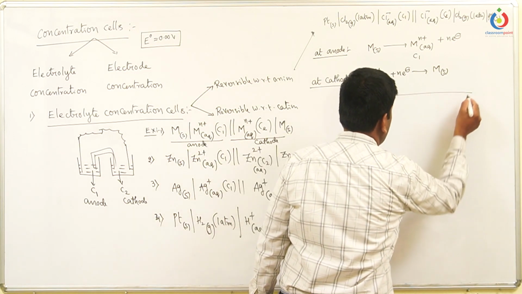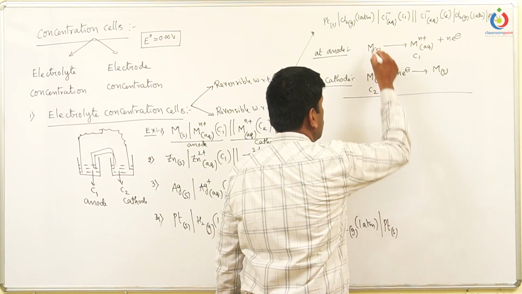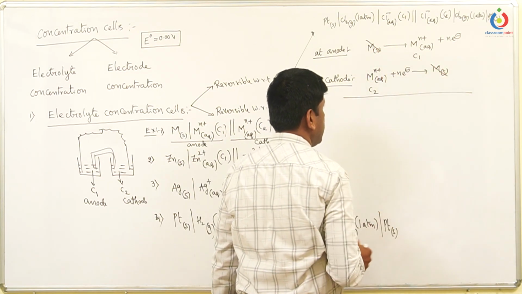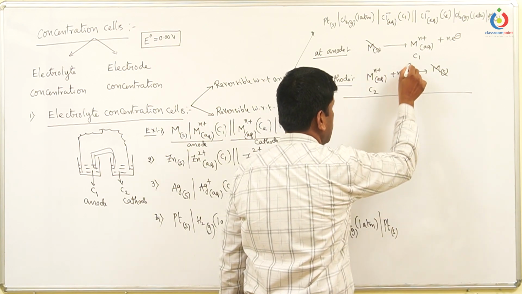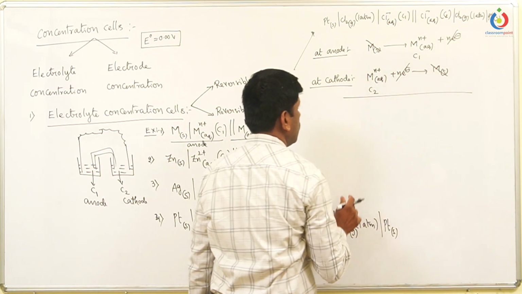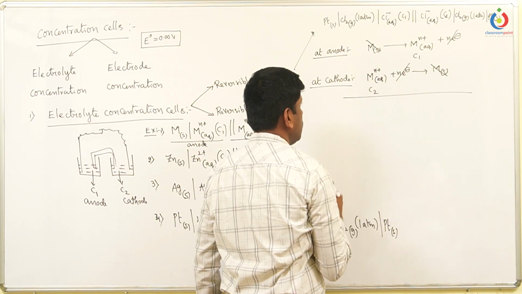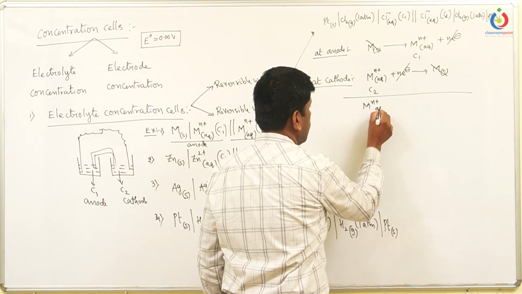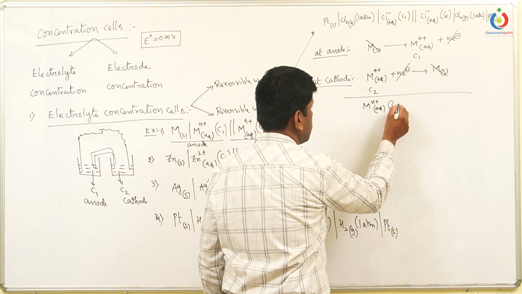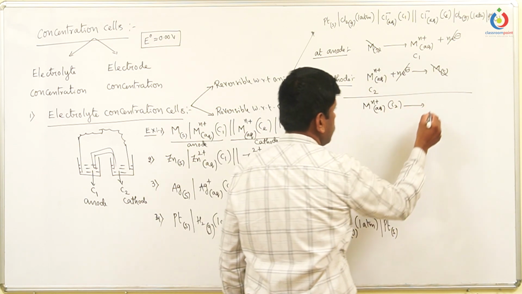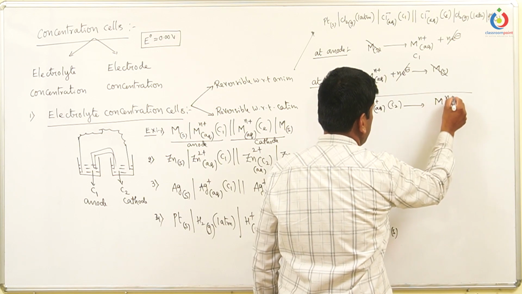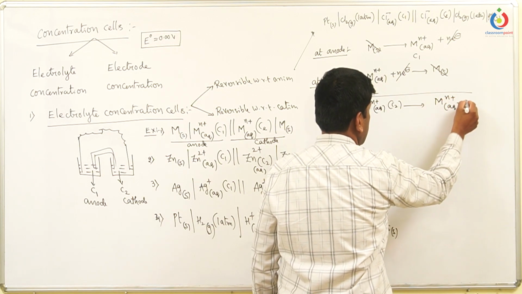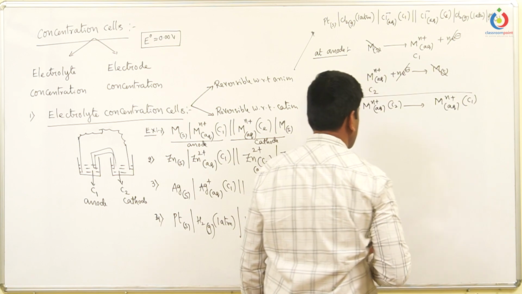If you write down the total reaction, solid concentrations are taken as unity so they cancel out, and the n electrons also cancel out. So the final terms remaining in the solution are the metal ion M^n+, aqueous state with C2 concentration, changing to the M^n+ ion, aqueous state with C1 concentration.